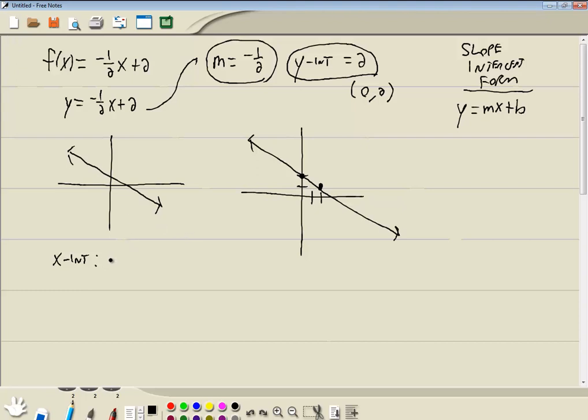Now to find intercepts in general, you always plug in 0 for the other variable. Since we're finding the x-intercept, we'll plug 0 in for y and solve. So I'm choosing this right here. Put 0 in for the y.